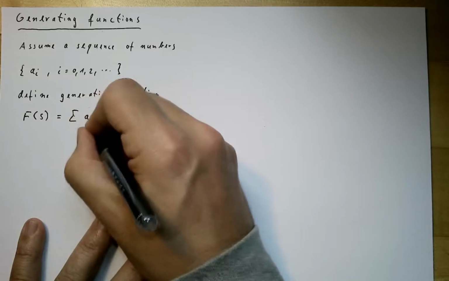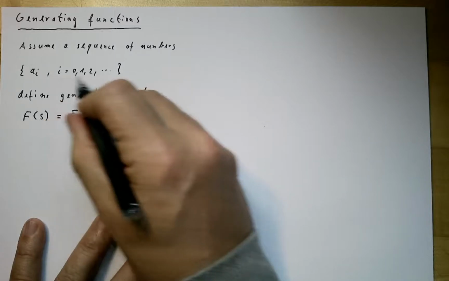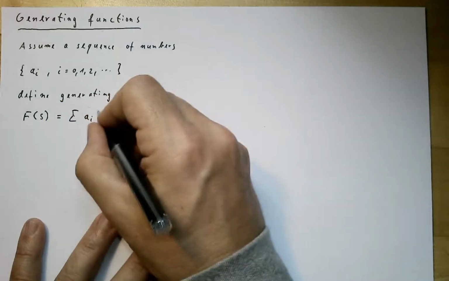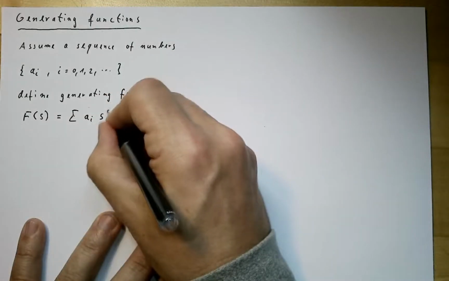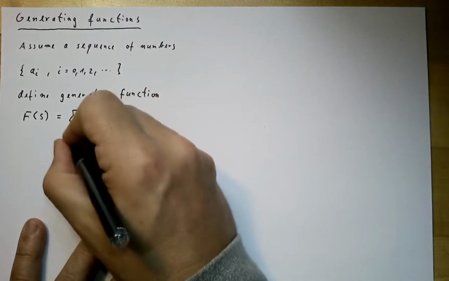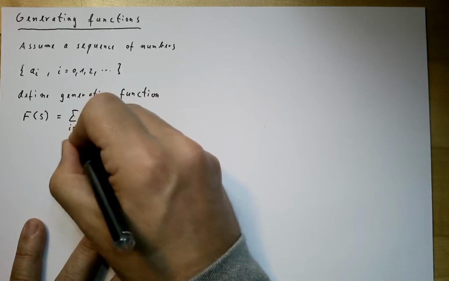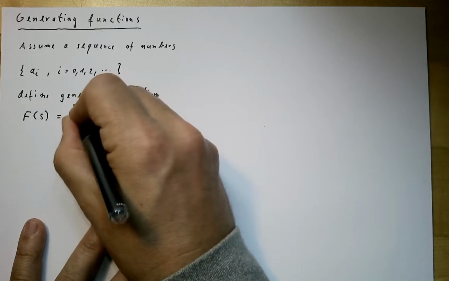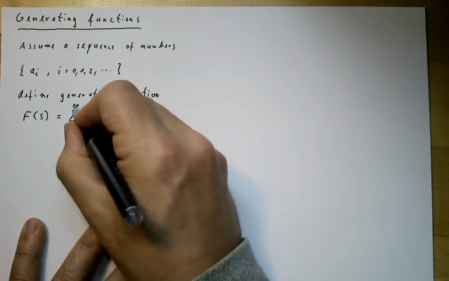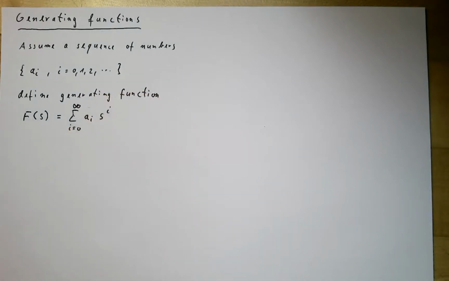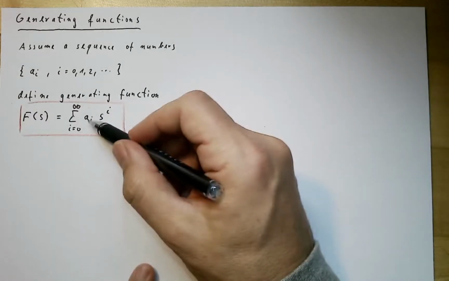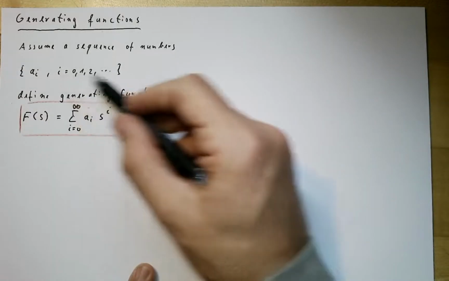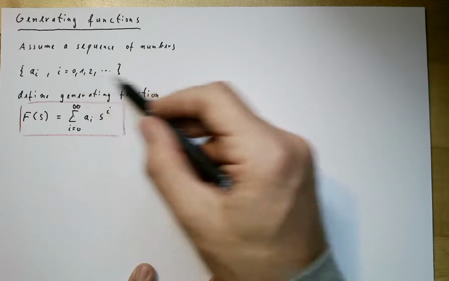So we take the ith element of our series and multiply it by the argument of the function to the power i, and here our index i runs from 0 to infinity. So here we assume the sequence of numbers is infinite.